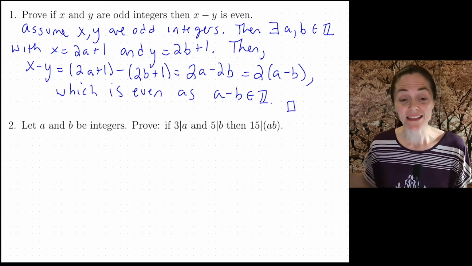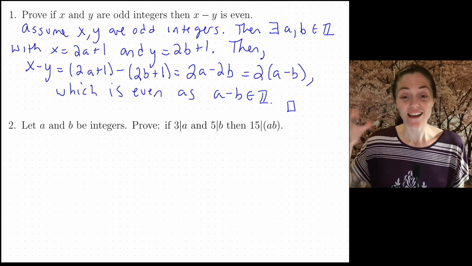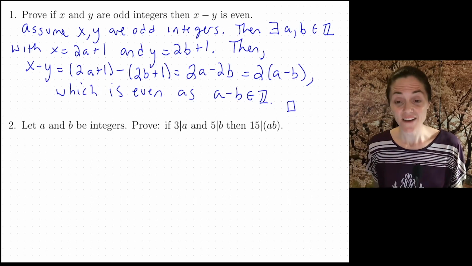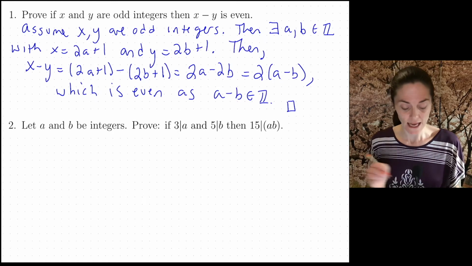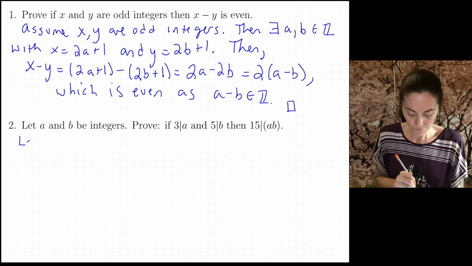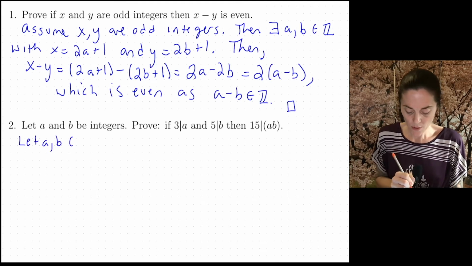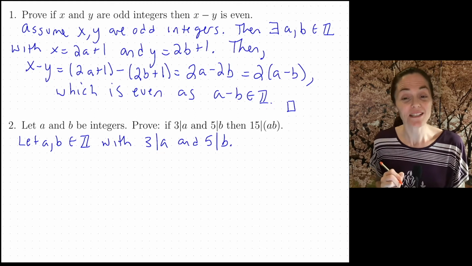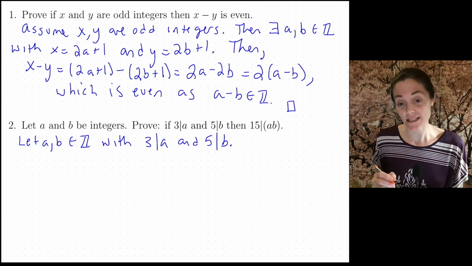Number 2, a and b are integers. Then if 3 divides a and 5 divides b, then 15 divides the product, a times b. This again, direct proof. So we suppose we have integers with 3 divides a and 5 divides b, and we want to show 15 divides a times b.